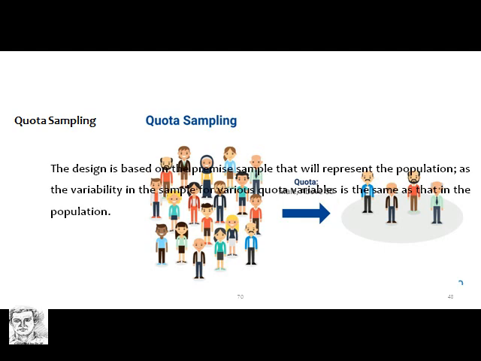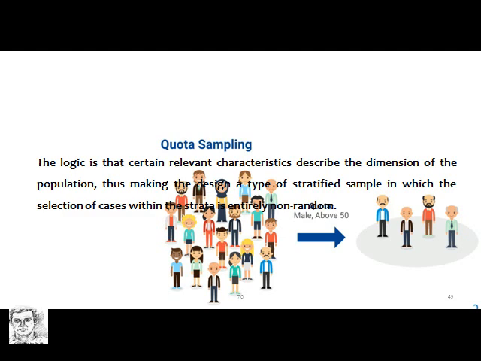Quota sampling. The design is based on the premise that the sample will represent the population, as the variability in the sample for various quota variables is the same as that in the population. The logic is that certain relevant characteristics describe the dimensions of the population, thus making the design a type of stratified sample in which the selection of cases within the strata is entirely non-random.